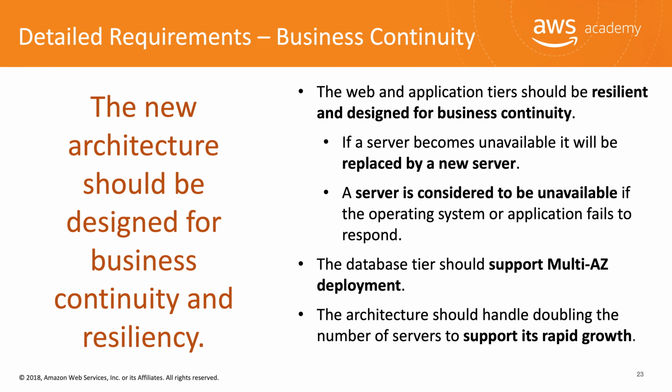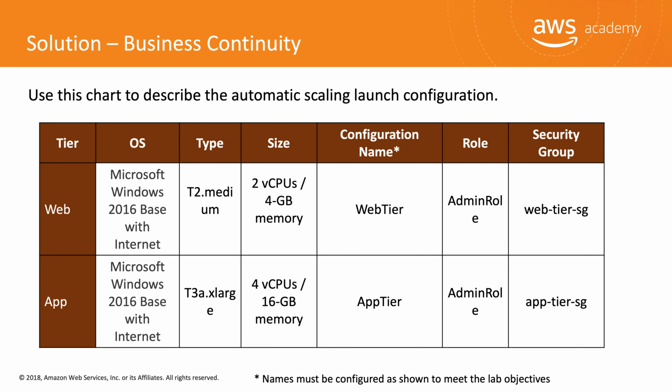So the next part is business continuity. Again, we need to do some auto scaling. The company is growing in a very healthy way and it grows robustly. That means the customer may encounter some traffic spikes in the future.